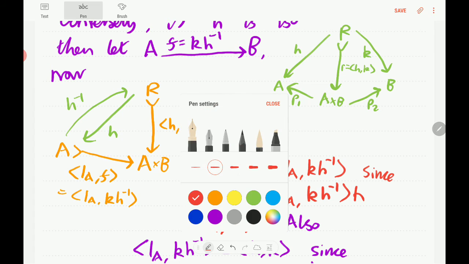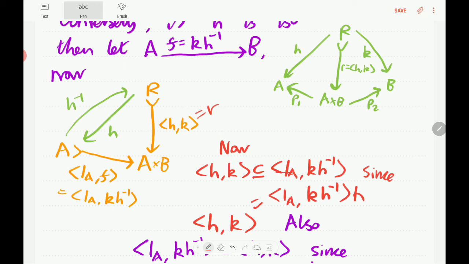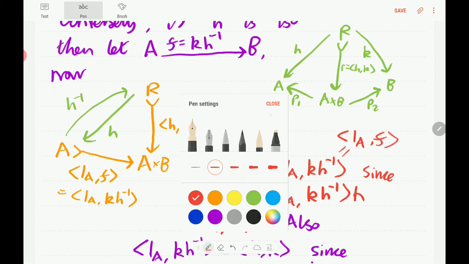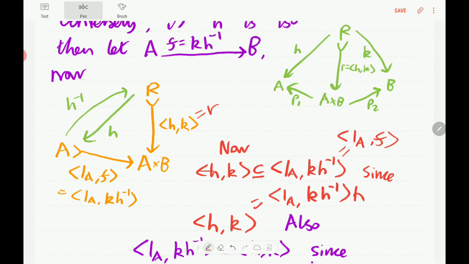We have that h comma k is in identity a, comma k after h to the minus 1. And this thing here on the right is actually just the graph of f, the way we're thinking of f, but it's a bit more explicit to write it like this. But anyway, we do indeed have that h comma k is in this graph of f here.